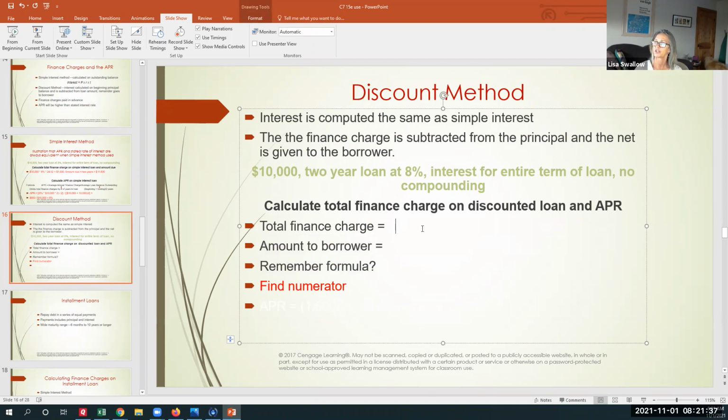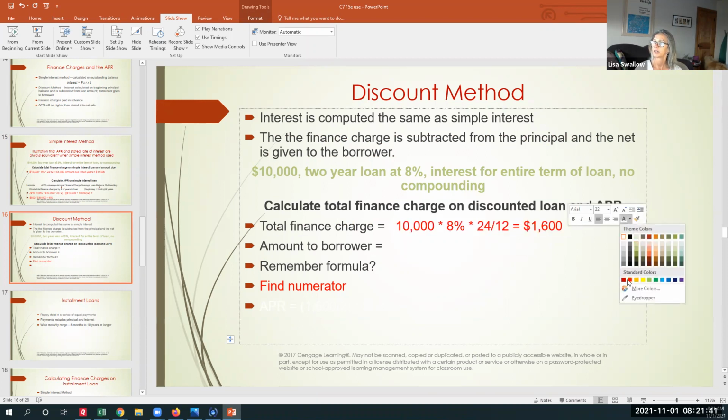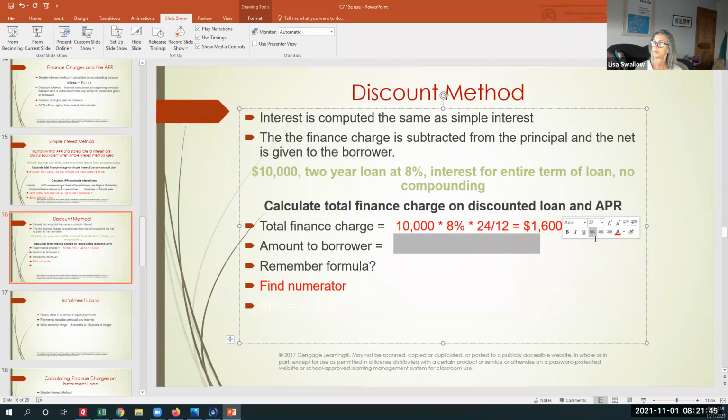So the total finance charge, $1,600. Calculate how much I get from my lender. I'm not going to get 10 grand. I'm going to get $8,400, right? Because they took the interest right off the top.